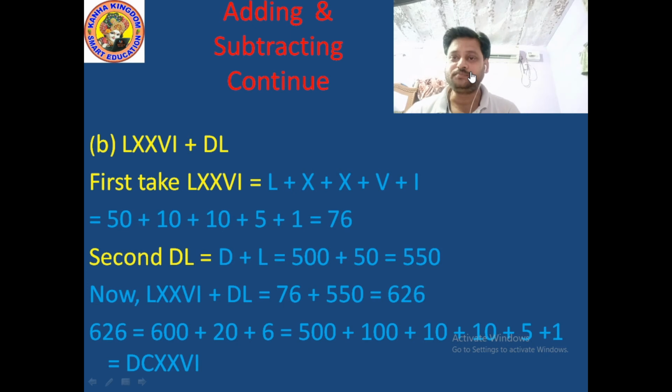Now move to the B part of this question. B part is LXXVI plus DL. First see the first part, LXXVI. Here also first you check whether all these letters are in descending order. L is greater than X. Yes, very good. X equals X. Yes. And X is greater than V. Yes.